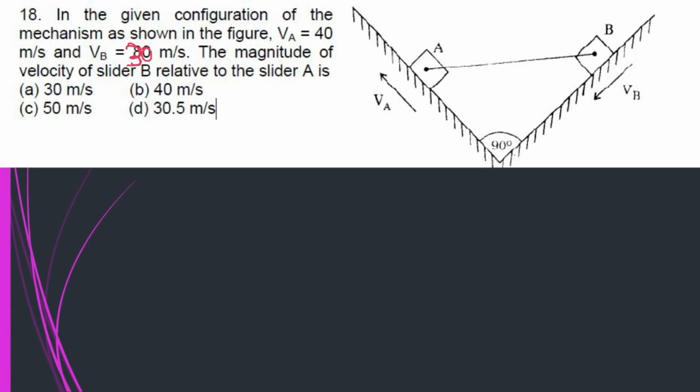to 40 meter per second and VB equal to 30 meter per second, the magnitude of velocity of slider B relative to slider A is how much? So VB is 30 meter per second and VA equal to 40 meter per second.